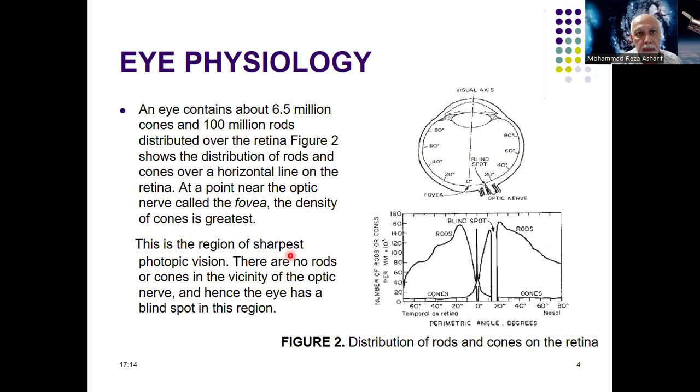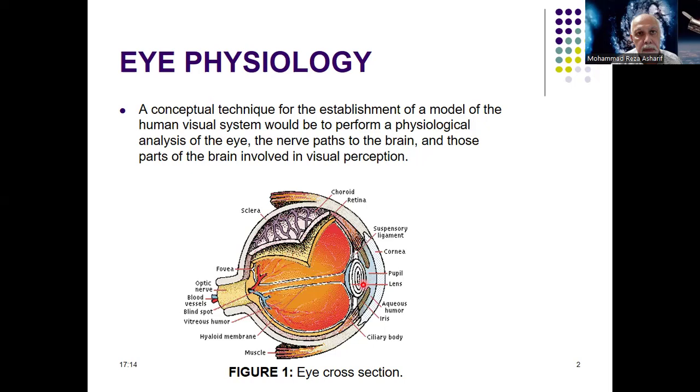Okay, so this is the structure of the eye. So we have cornea here, we have lens here, we have sclera here. This is the white part of the body of the eye, and the retina, and the blood vessels, and the muscles and iris.